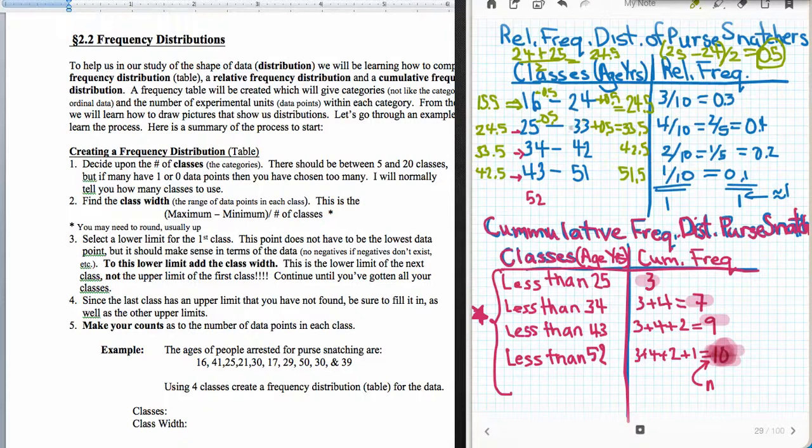And the boundaries, by first of all making the classes not have overlap and paying attention to the type of data. We said they were whole numbers, discrete numbers, right? So we said if this next upper limit or lower limit is 25, then the upper limit should be 1 unit below that at 24, making them mutually exclusive.